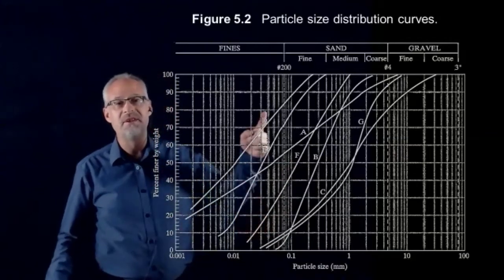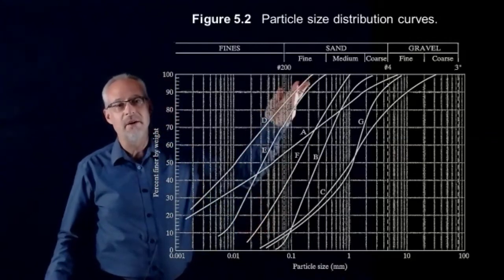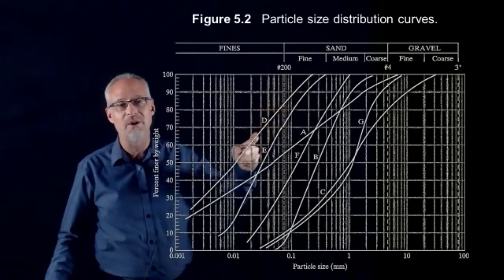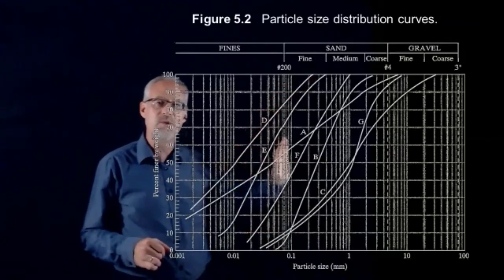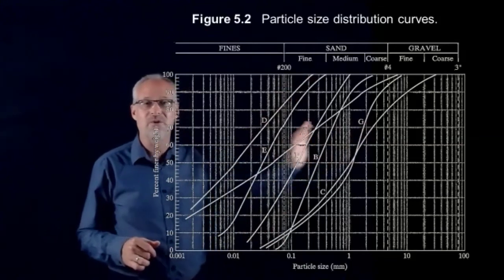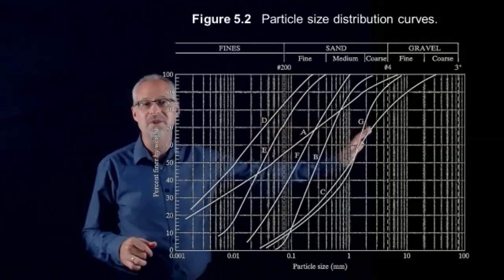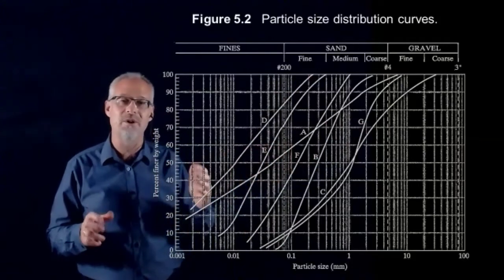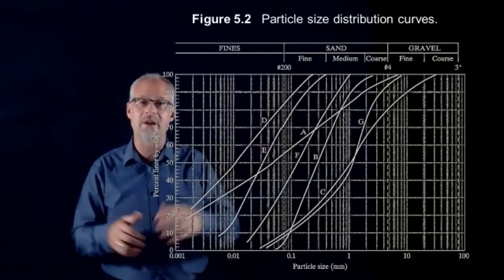Something like soil D, we've done a test, and you have to do a hydrometer. Remember, the sieve is what we use for the coarse grain soil distribution data, and the hydrometer is what we use for the fine grain soil. That's where we let the soil settle out of suspension.